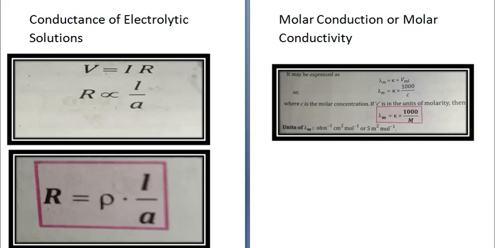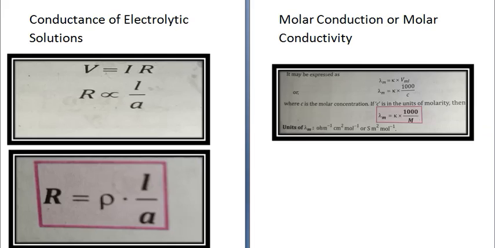Now next is molar conduction or molar conductivity, which is given by lambda m. Molar conductivity is the conducting power of all the ions produced by dissolving 1 mole of electrolyte in V centimeter cube of solution and placing the solution between electrodes 1 centimeter apart, and the area of electrode is large enough to contain the whole of the solution.